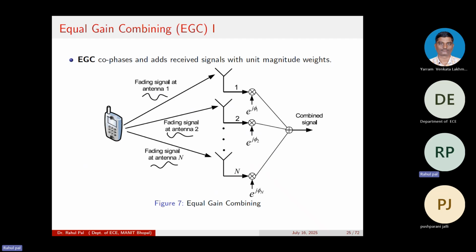It is similar to maximum ratio combining, but right now we have reduced the complexity, and we compare the performance of equal gain combining with maximum ratio combining. Okay.